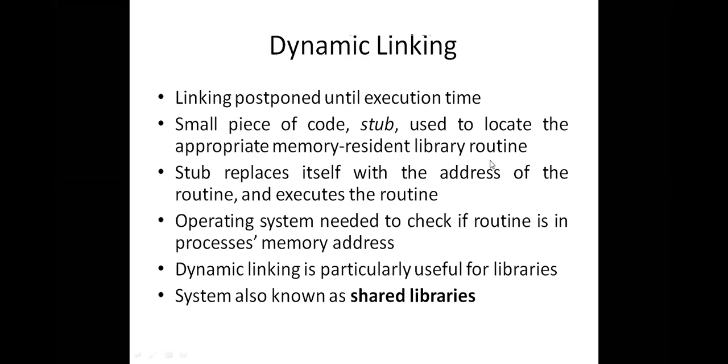Whenever you want to execute that statement, you need to know the address of that routine. Routine means the code of the power function, the code of the SQRT function, the code of strlen, the code of strupr. You need to add those routines to your program. Then only can the program finish its execution.